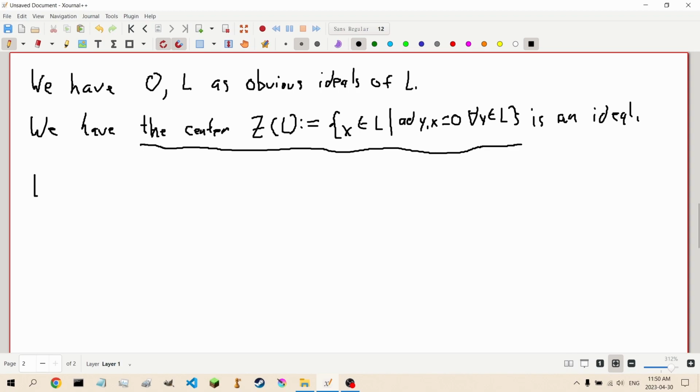So we have that L is abelian if and only if its center is just itself, which is basically just two different ways of writing down the same idea, which is that the bracket is always 0.